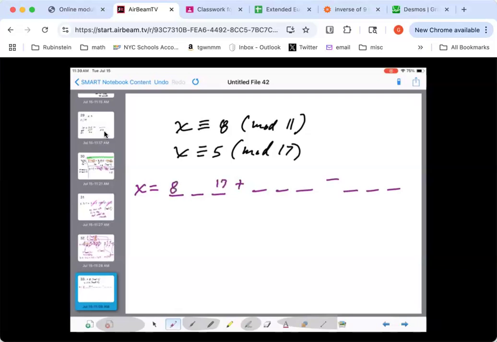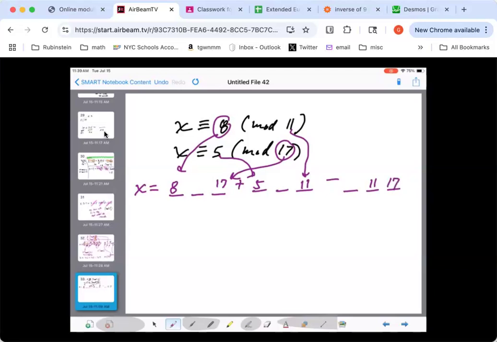Actually, I like that. 8, 17. Just take this number first, then put that number. Then take the 5 and put it here, and put the 11 there. And then put both the 11 and the 17.